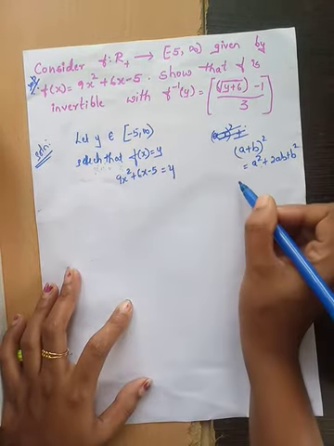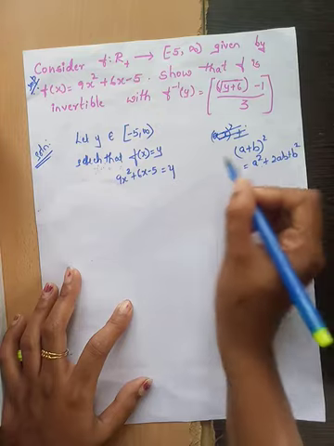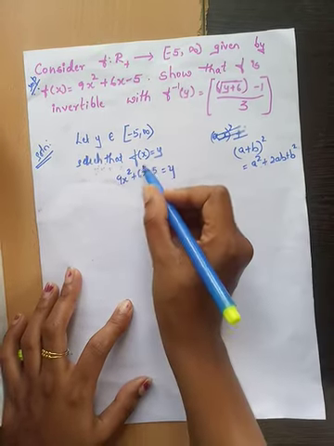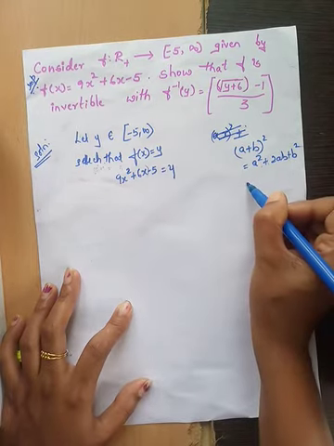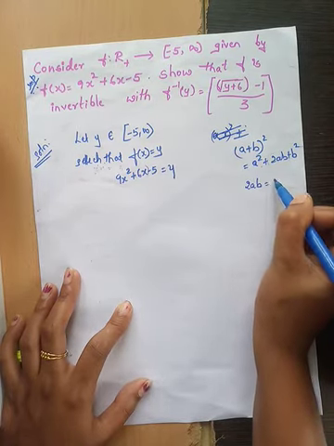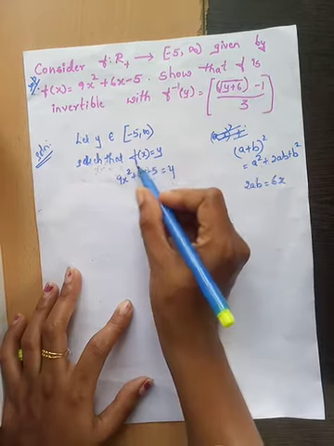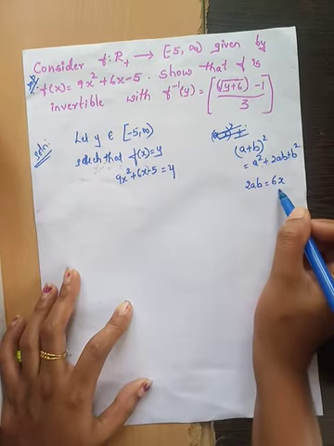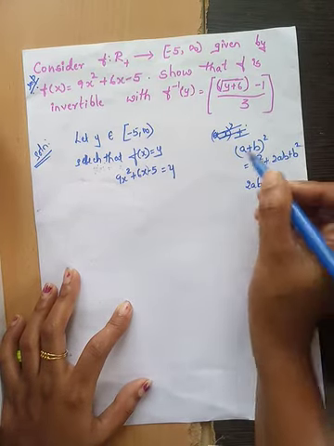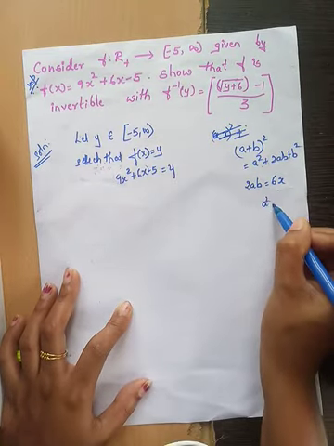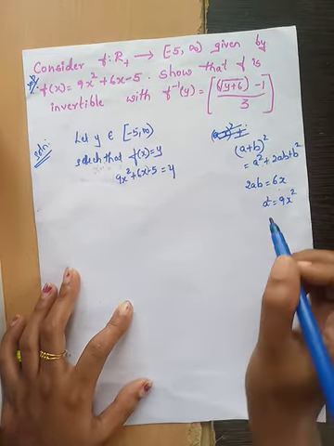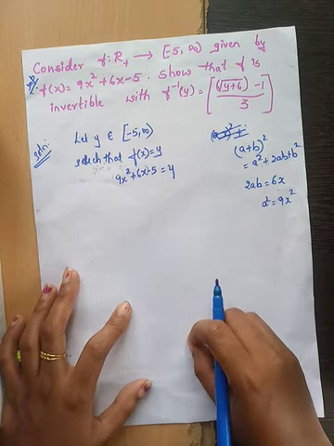So in order to convert it into this form, we will compare both the sides. In place of 2ab, what we have here is 6x. So the 2ab term is equal to 6x. And a square is equal to 9x square.